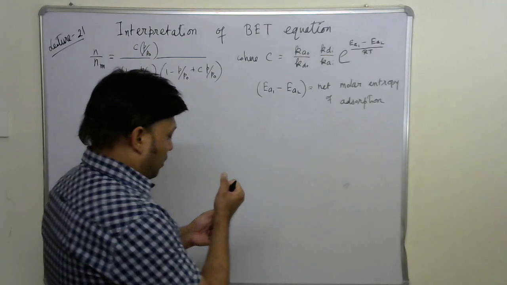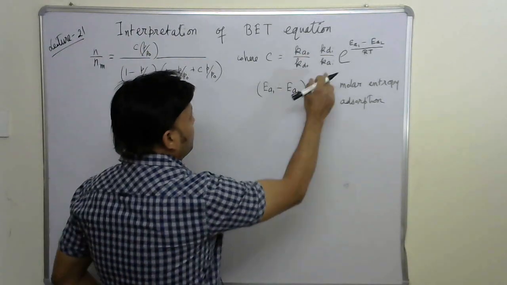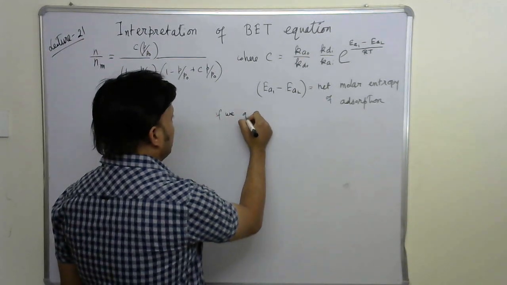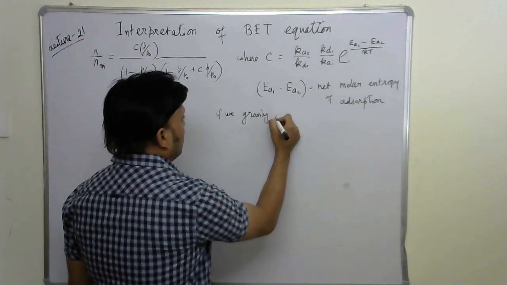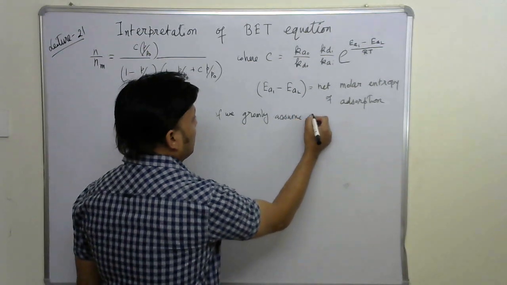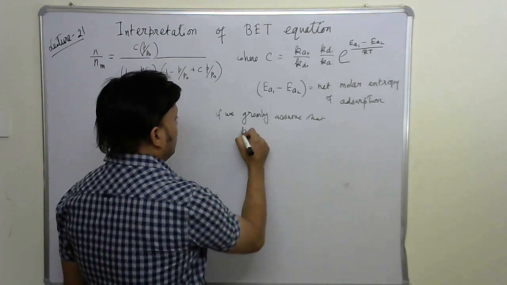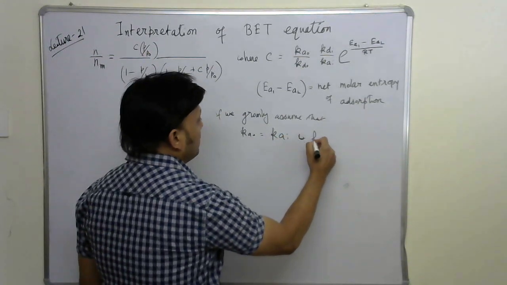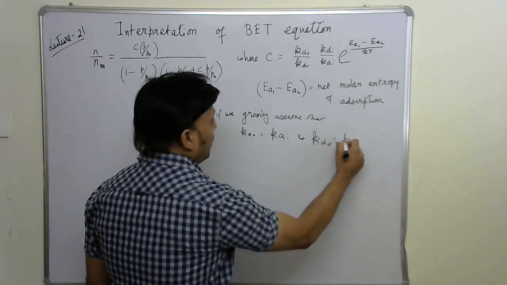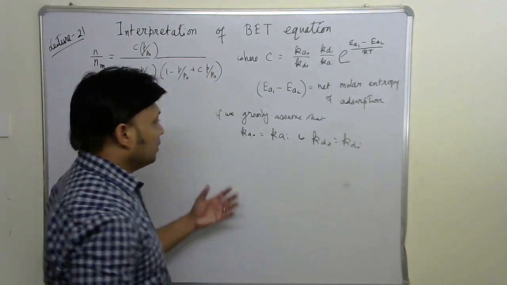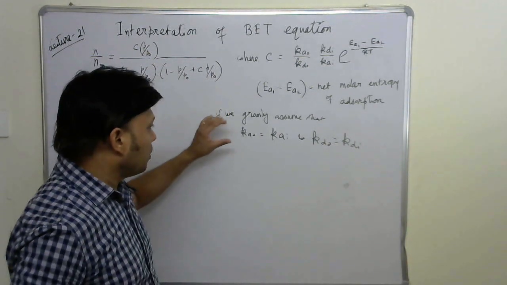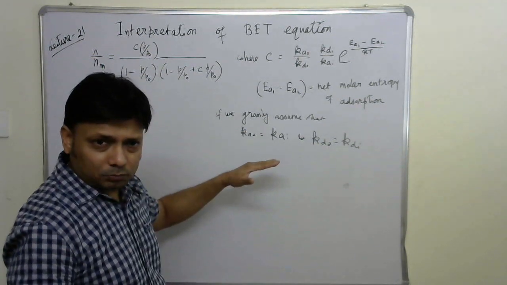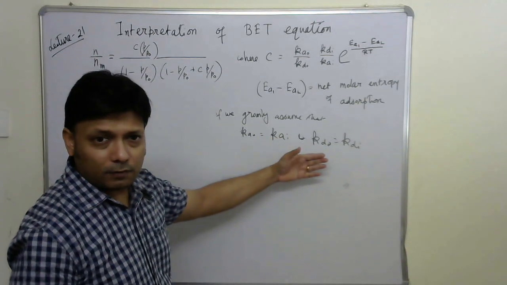So now if we look at the expression for C, and if we grossly assume that Ka0 is equal to Kai, and likewise Kd0 is equal to Kdi, so that means the rate constants for the adsorption between the molecule and the solid and between the two molecules are the same, and the same thing is valid for the desorption.